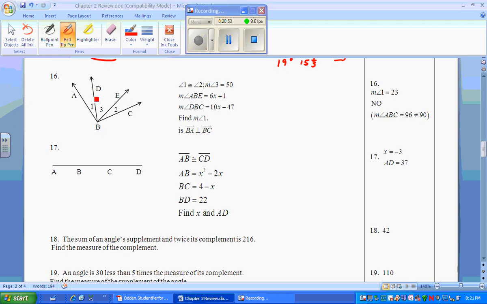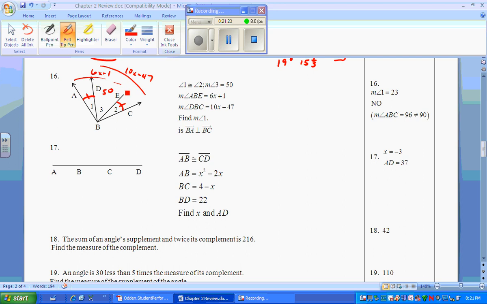Question 16, we have angle 1 and angle 2 being congruent. Angle 3 is 50. We know that ABE, this angle right here, is 6x plus 1, and this angle right here is 10x minus 47. If we look at the picture, these two overlap, so angle 3 is reflexive.